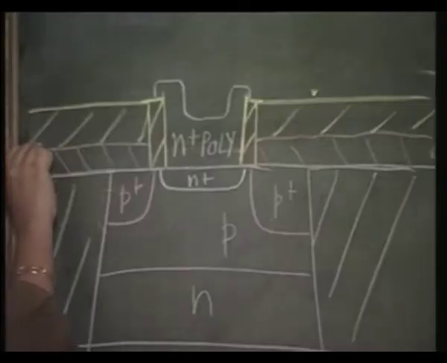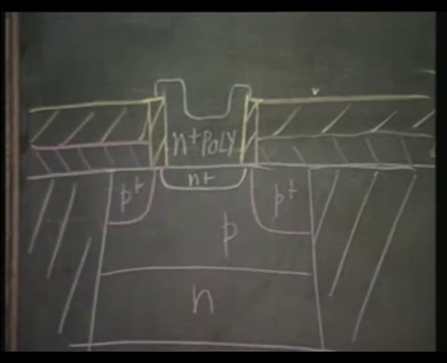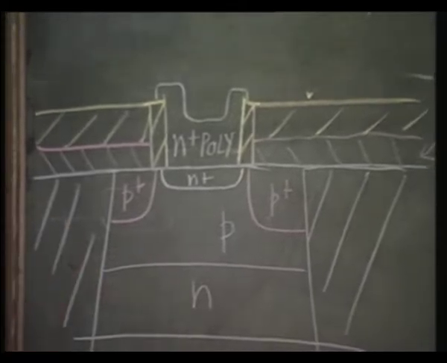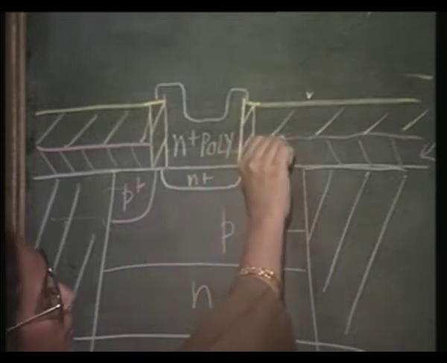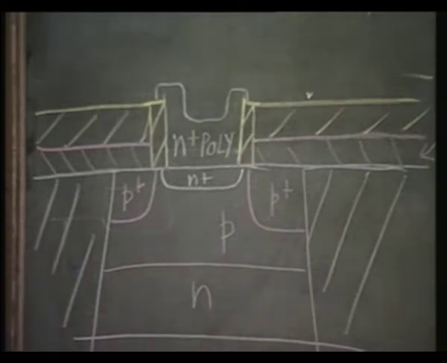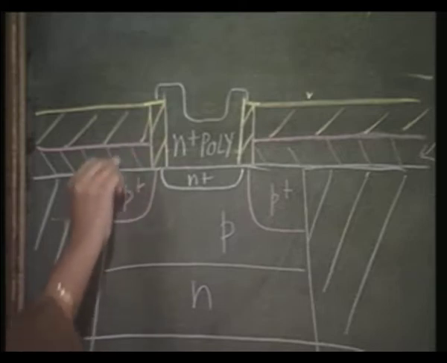And you can take your base contact anywhere from this poly line. Okay, you do not have to have separate space for base contact, you can take it directly from this line, take it out somewhere there, right. You do not need, this is automatically aligned to your extrinsic base, this poly layer.